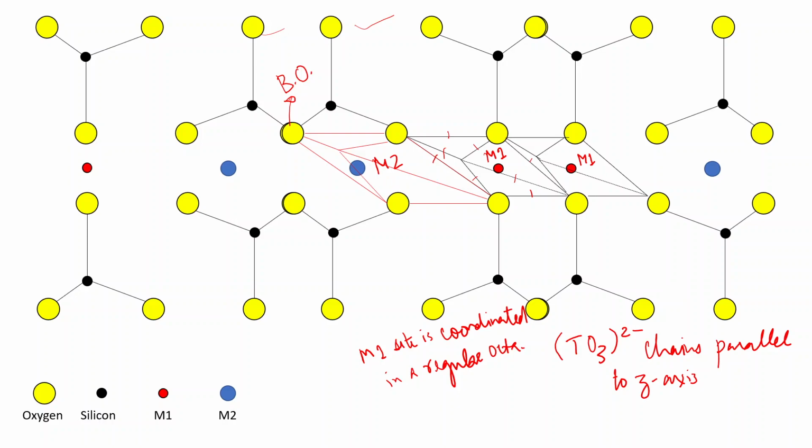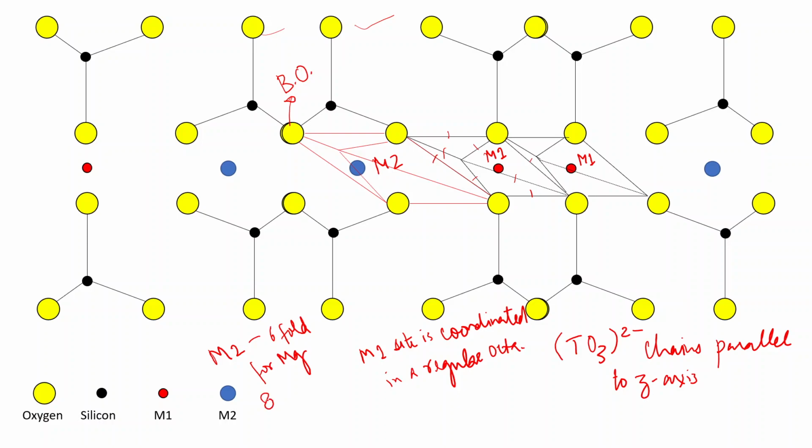Okay. So the coordination of oxygen around M1 is nearly a regular octahedron, but in the M2 site the coordination is irregular and it varies according to the atoms present. So for the M2 site the coordination will be sixfold for magnesium.